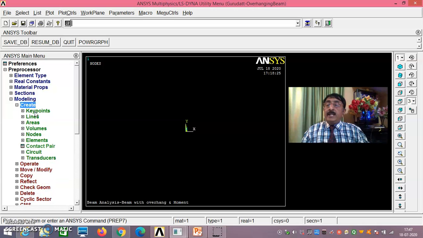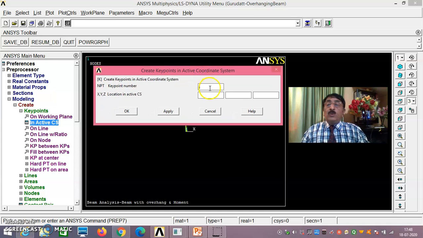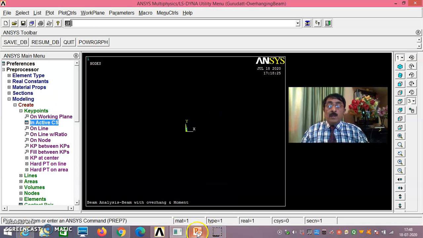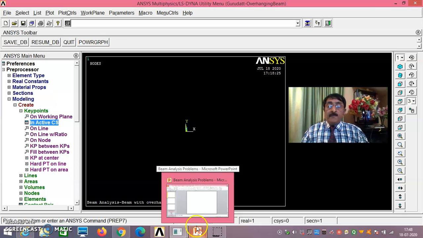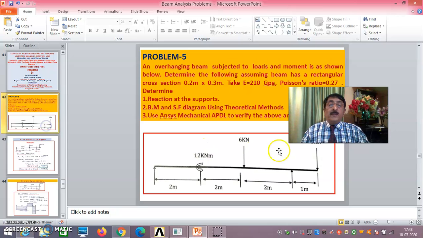Modeling, create key points in active coordinate system, you have to do. See here, when you do an active coordinate system, you have to have the modeling of the entire thing. This is the model to be created. Key point 1 is 0, 0, 0. Key point 2 is 2, 0, 0.